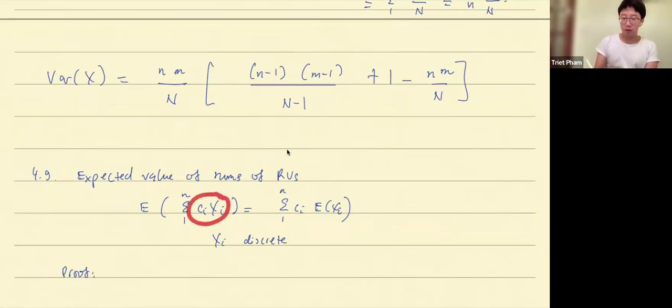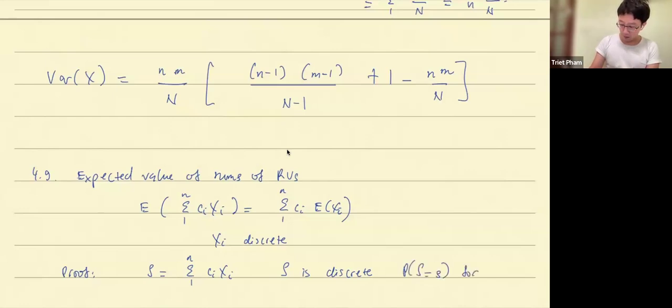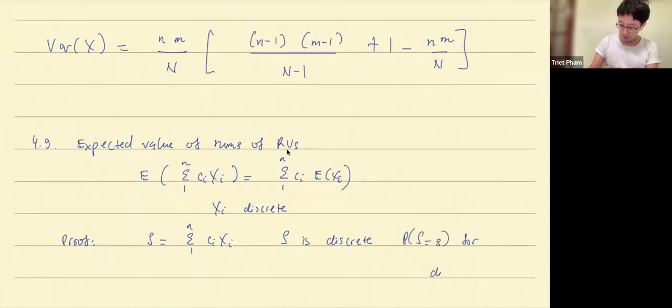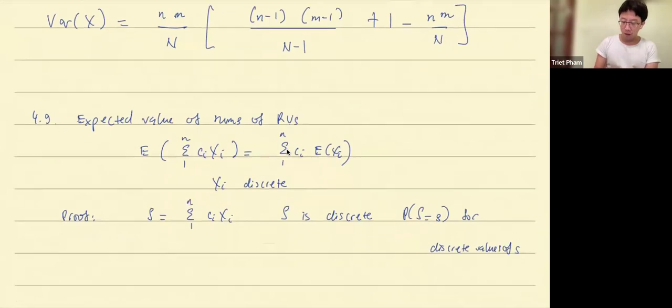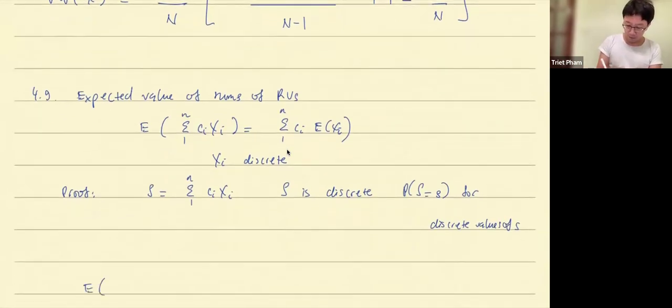So the way you should look at this is that if you denote S to be the sum of discrete random variables, a linear combination, then S itself is discrete. In other words, we can write down the probability mass function of S for discrete values. And so when we look at expectation of the sum, or expectation of big S, that's what we're after.